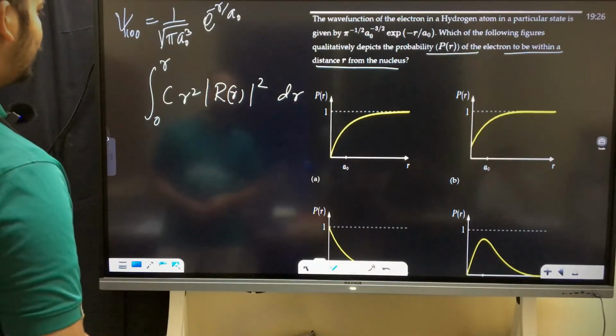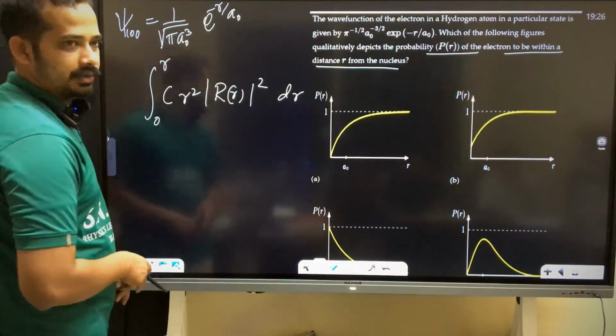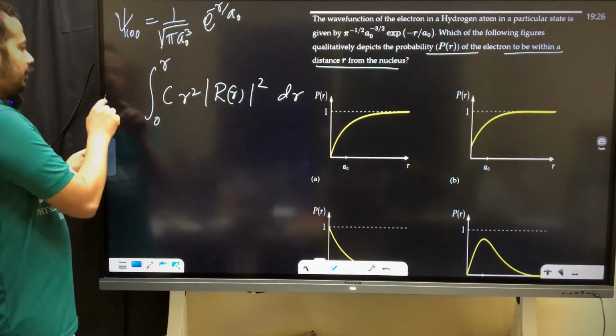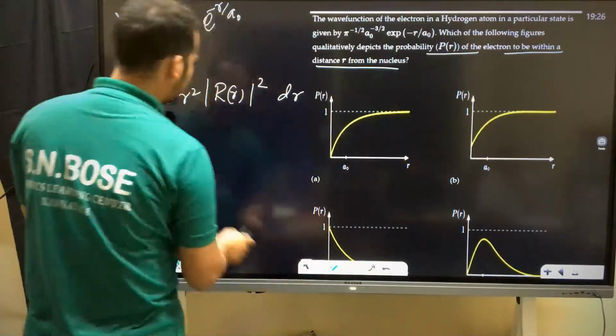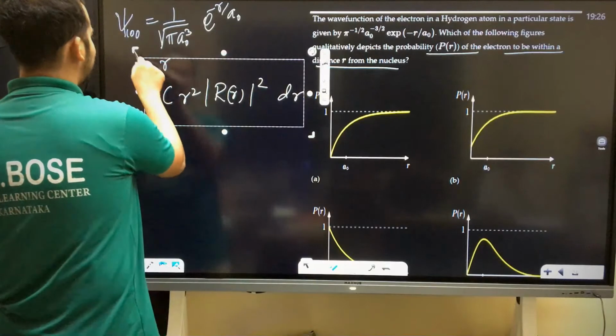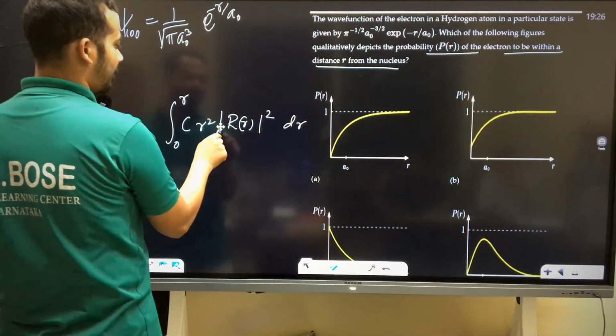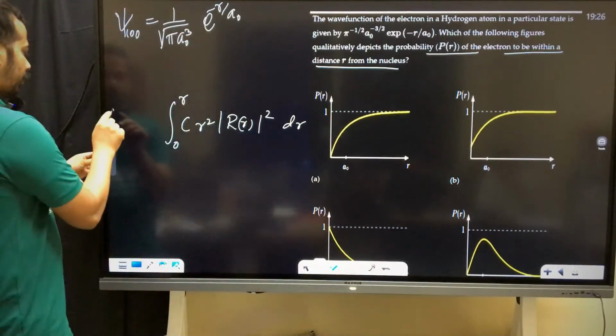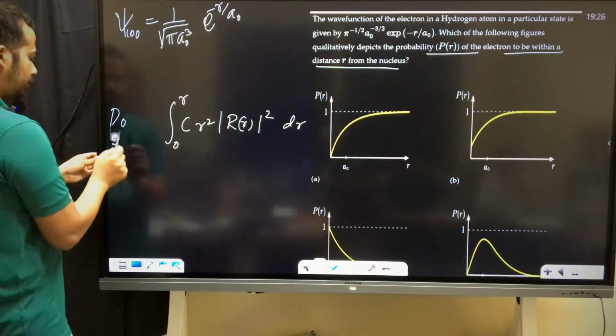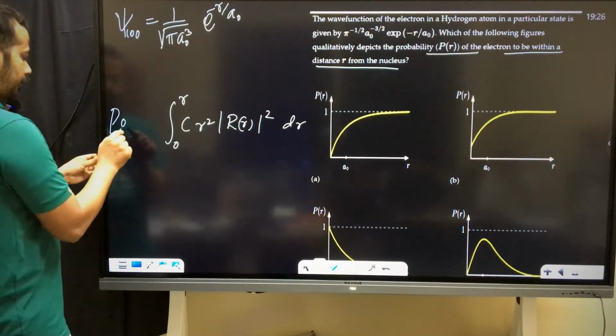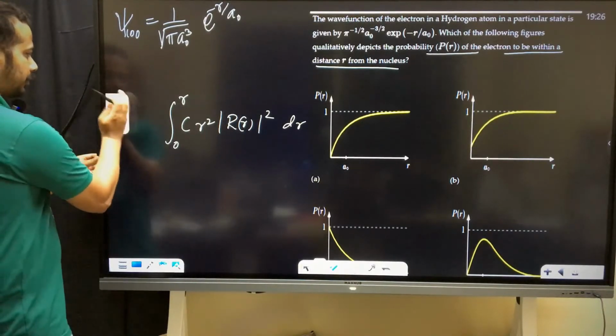Why can't you do this one? Now, the probability of finding the particle from 0 to r, am I right? Can you say it like this?